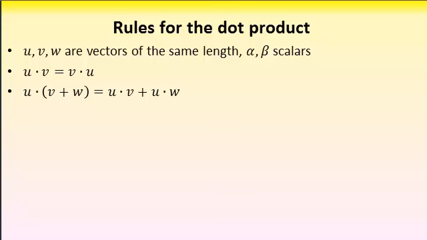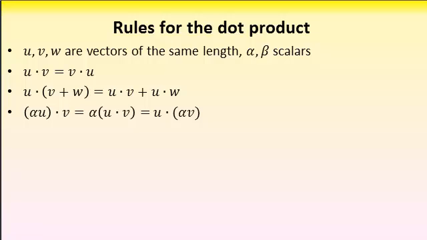If I have one scalar product and one dot product, I do have associativity. So if I do alpha times u, dot product with v, I can just as well do alpha times (u dot v). For example, if alpha is 2 and I do first 2 times vector u and the dot product with the second vector v, I will get exactly the same result if I did first the dot product of u and v and secondly multiply that by 2.